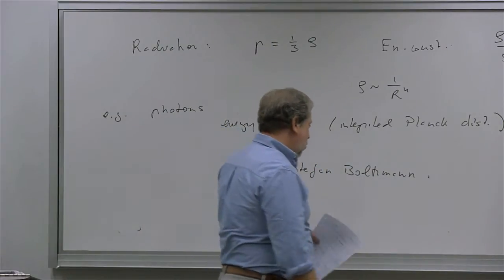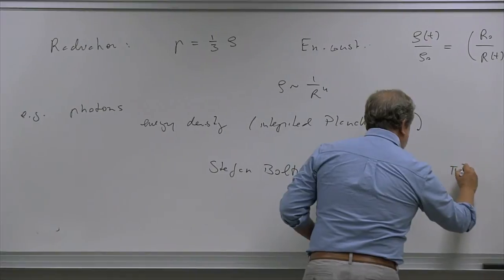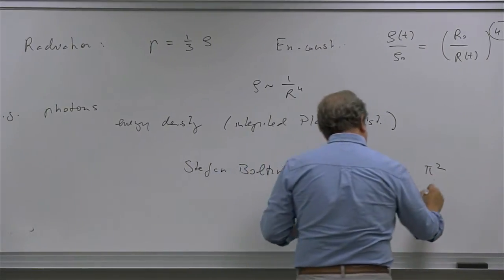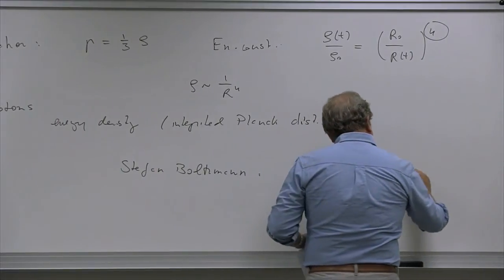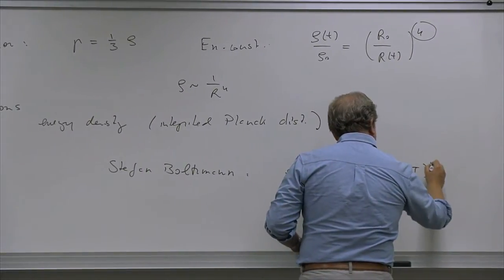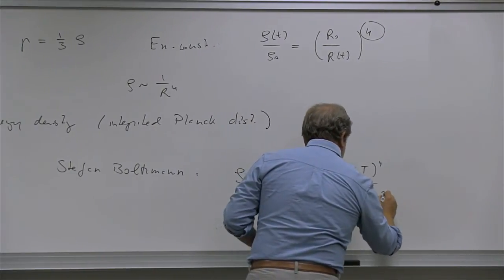Namely, rho is equal to g times pi squared divided by 30 times (kT) to the 4th divided by (h bar c) to the power 3.